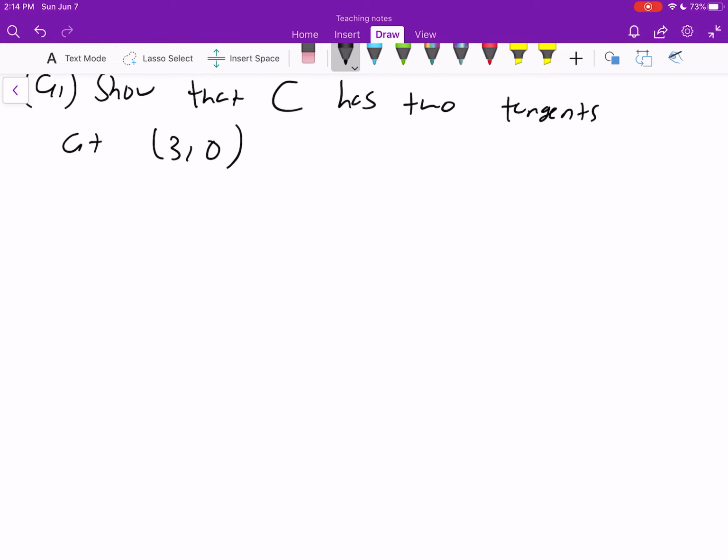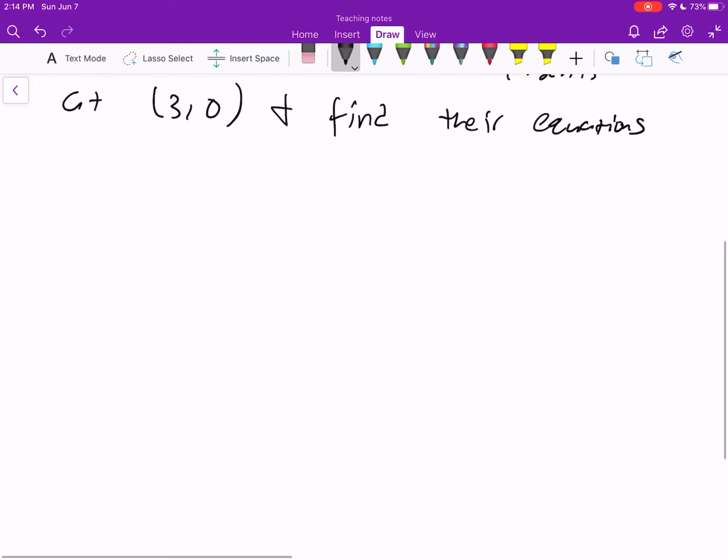So, we want to show that it has two tangent lines at 3, 0 and find their equations. So let's first start off by calculating the derivative. So I have dy/dx is equal to dy/dt over dx/dt.